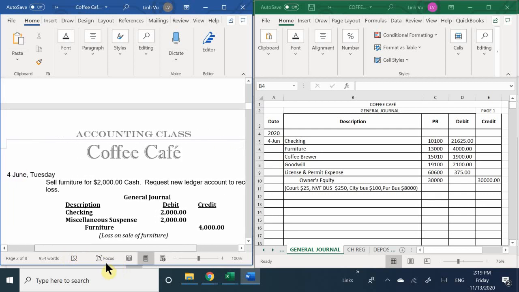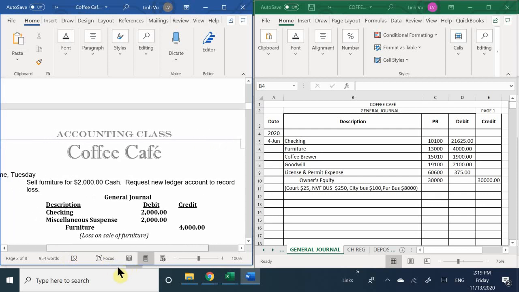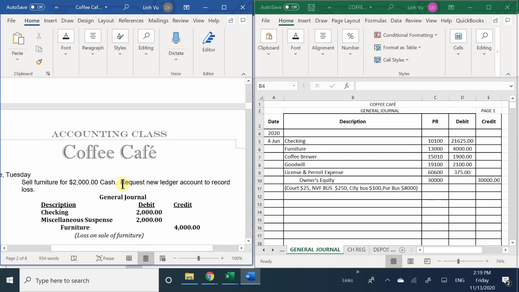Since I don't know what I want to do with this $2,000 loss, I'm going to have you place it into an account called miscellaneous suspense. With this piece of information, we got rid of our furniture. We sold it, so we need to credit it. We only got $2,000 out of it, so we have a loss of $2,000 because we originally purchased it at $4,000.